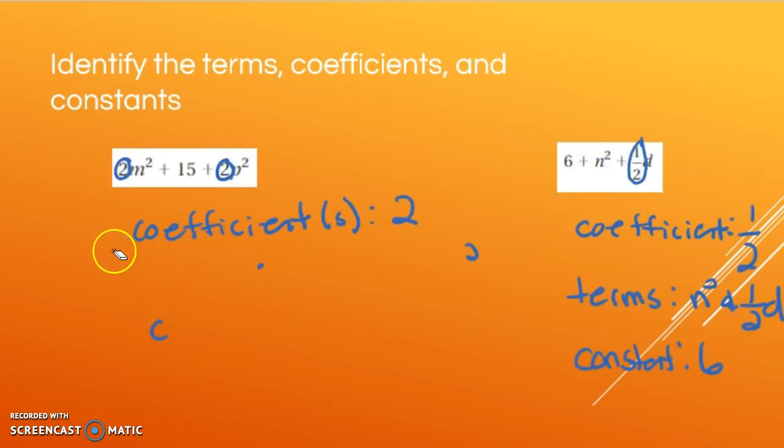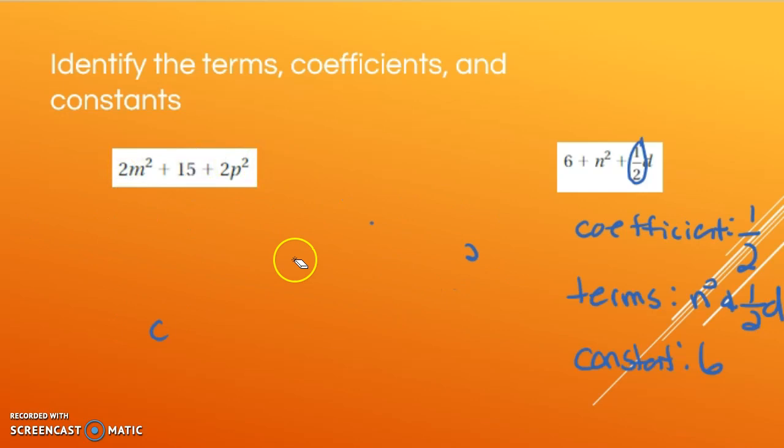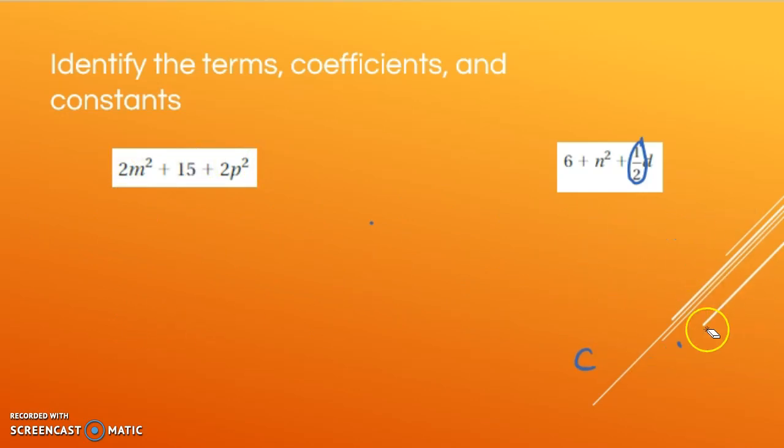Now let me erase these ones too, because I actually messed up the first time I did this. All right, so here, our coefficients are going to be 2. Actually, I have 2 coefficients that are both 2 because I have this 2 in front of my m squared and 2 in front of p squared.